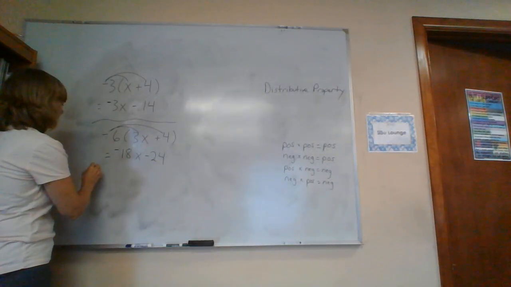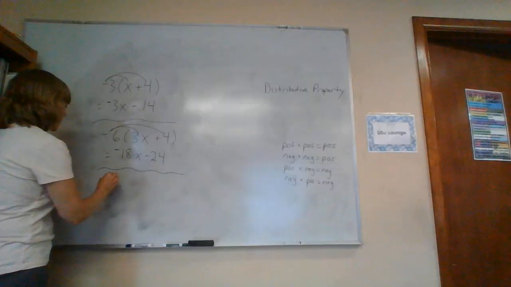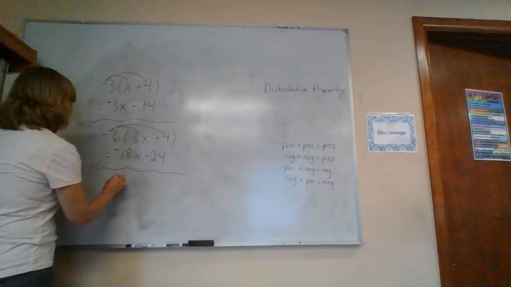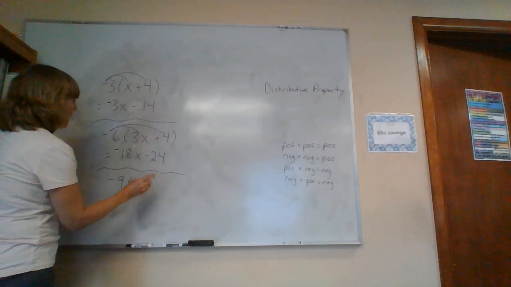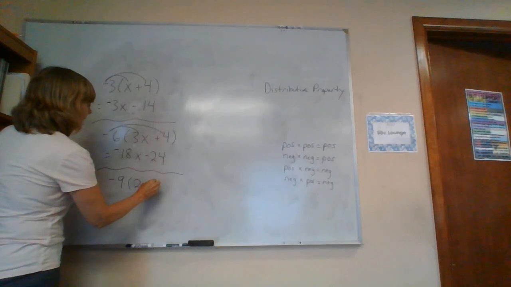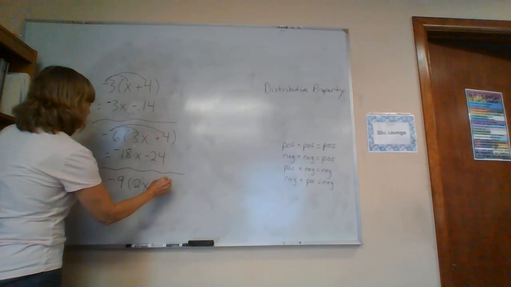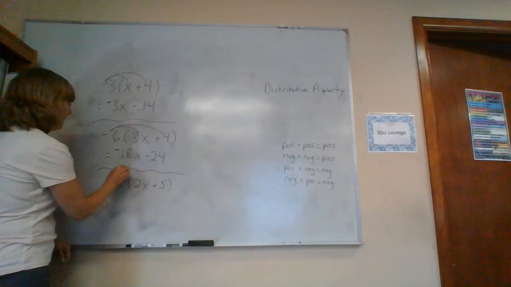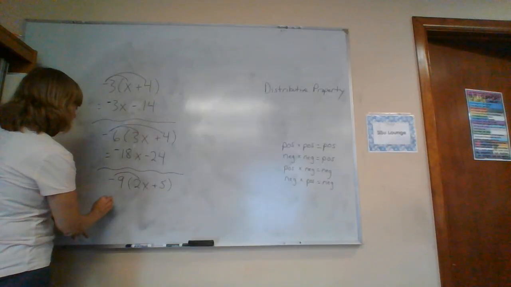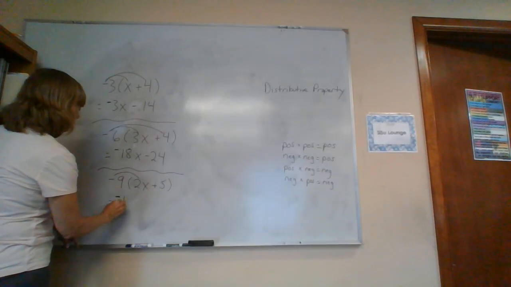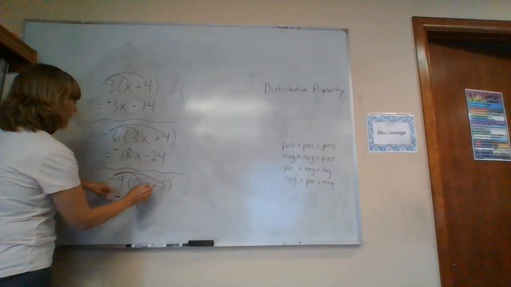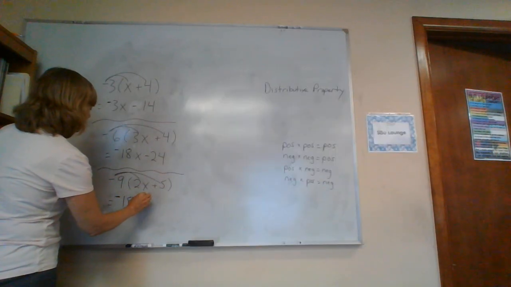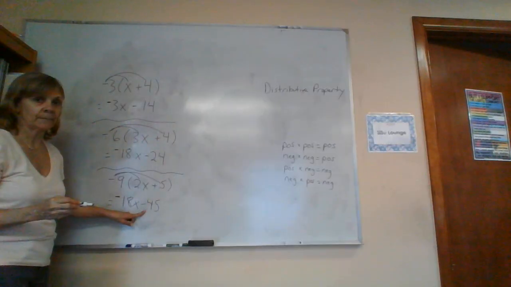Negative 24. Okay, suppose I had negative 9 times 2x, let's say with this, plus 5. Negative 9 times 2x, negative 18x. Negative 9 times positive 5, I apologize, it's negative 45.